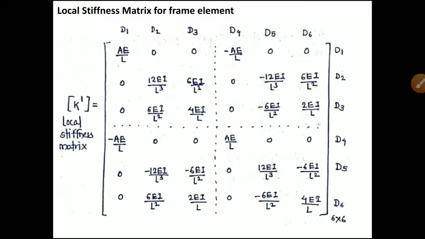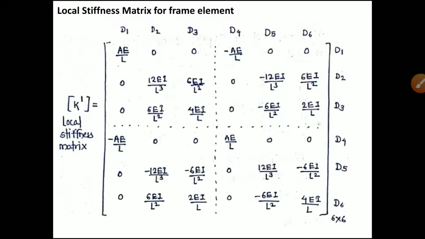So first we'll generate the matrix in the local coordinate direction for a particular member, let us say horizontal member AB, a beam member, and then we will convert this local into global so that the matrix can be applied to all elements of the portal frame. Here this local stiffness matrix is denoted by K dash.